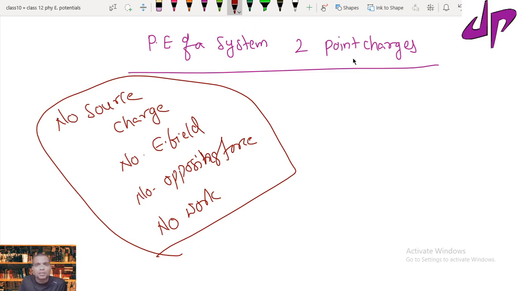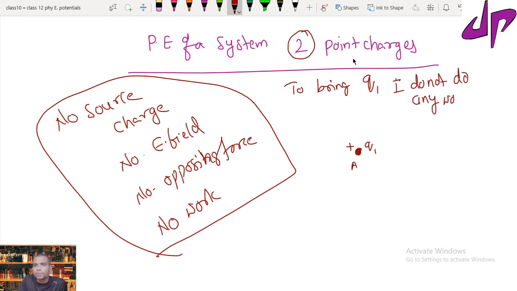So with the help of this, I am freely bringing the first charge without any opposing force. Now I am bringing without any effort the first charge, which I call plus q1, at a point A in this space. To bring q1 I do not do any work. Why?